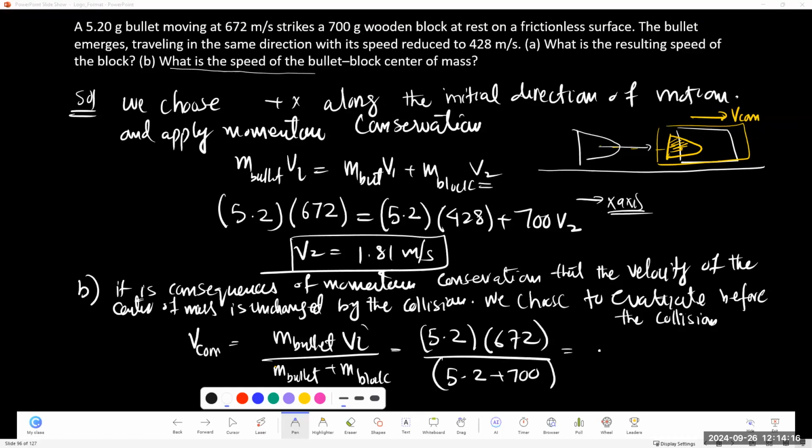If you combine everything and solve, the answer will be 4.96 meter per second. That is my answer for the velocity, where this actually moved at 4.96 meter per second.